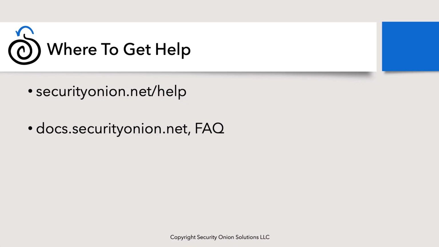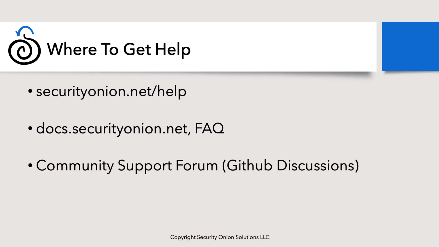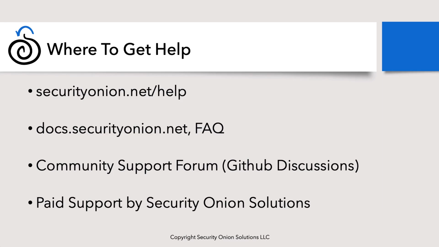It will point you to our docs.securityonion.net, and just give you some next steps of where to go. It will also point you to our community support forum, which is under GitHub discussions and how to use that. It will also finally point you to paid support by Security Onion Solutions if you need to go that route.